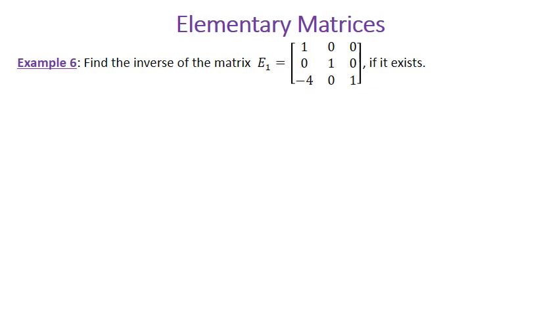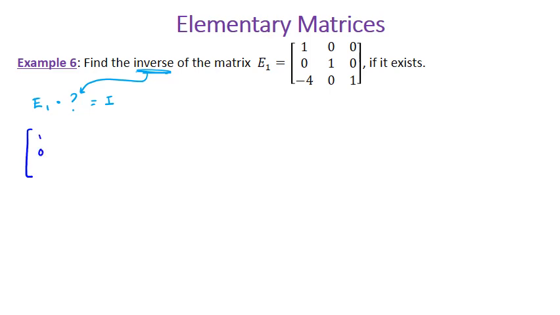So this is the same E1 from the previous example. Now, from the previous example, since we want to find the inverse, remember we have E1 times something needs to equal I. Okay, so that something is going to be the inverse, and that's what we need to figure out.